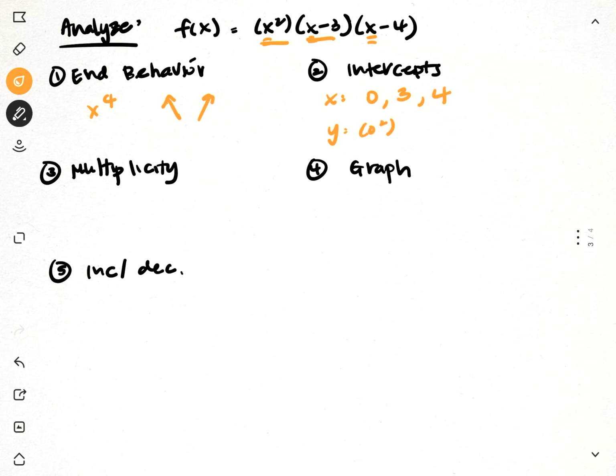So we're going to do 0 squared. 0 minus 3 is negative 3. 0 minus 4 is negative 4. But 0 times anything is going to be 0. So this is going to pass through the origin for your y-intercept. Okay, multiplicity. So for our 0, that's multiplicity 2. For our 3, that's multiplicity 1. And for our 4, that's multiplicity 1.